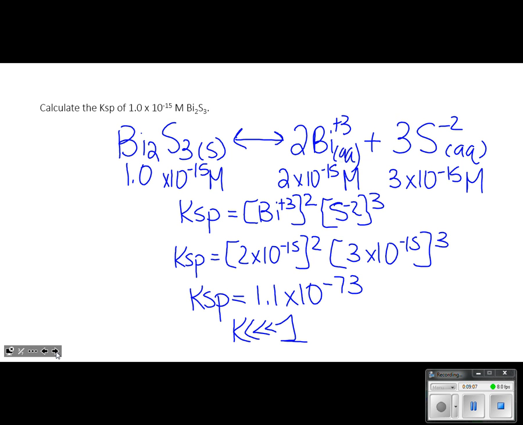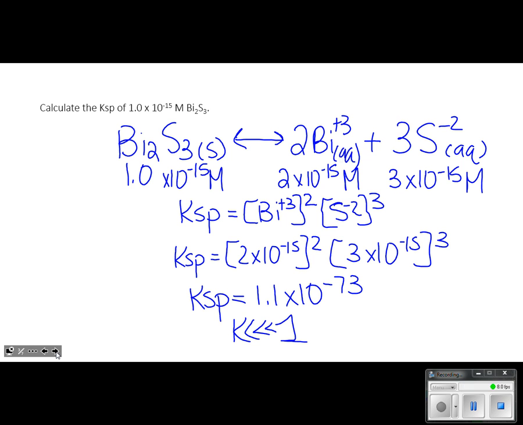So it is lying really far to the left to our reactant. So it kind of makes sense why we classify this as insoluble. We don't get very many ions from it. So this is one type of problem that you can do with solubility equilibria, solve for the KSP.